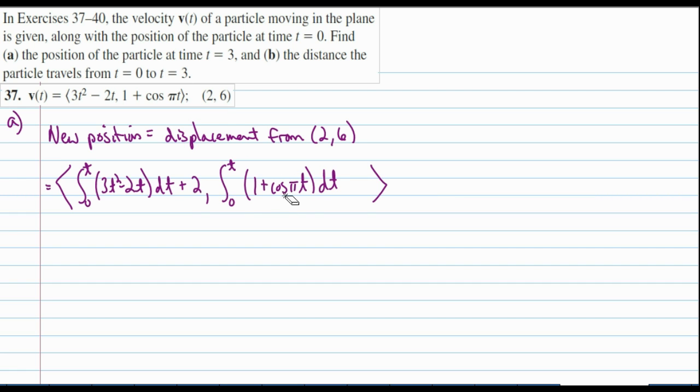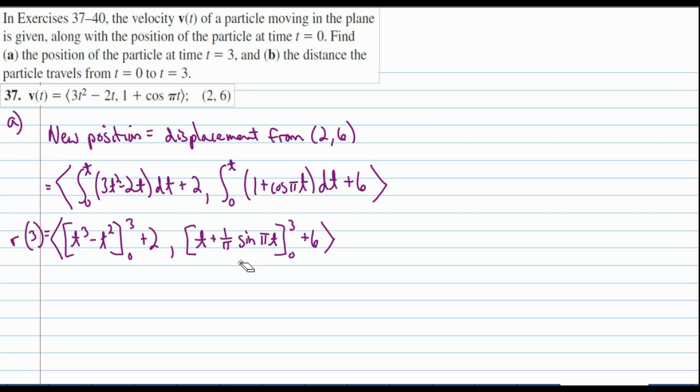I'll do the vertical parameter from 0 to t. Now t is going to be 3. I'll do that in the next step. But then I'm adding the original y location, the original height of the first point at t equals 0. So now when I take the antiderivative, I'm taking the antiderivative from 0 to 3, the new time, the point at this new time, t equals 3. So here's the displacement plus the initial value of 2.